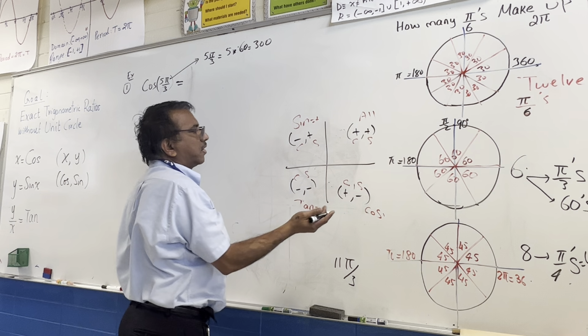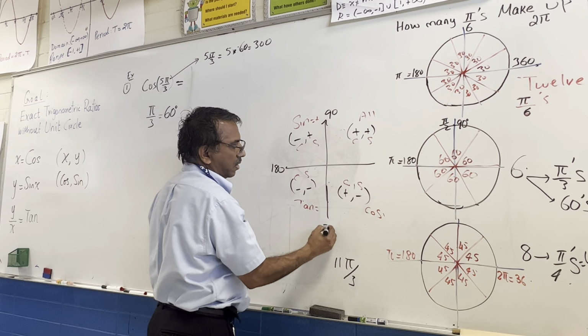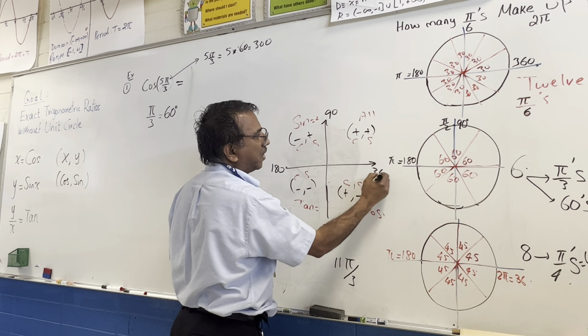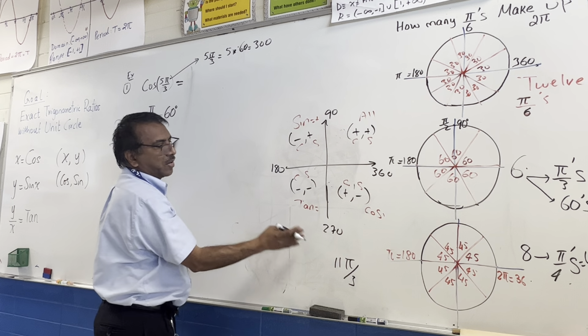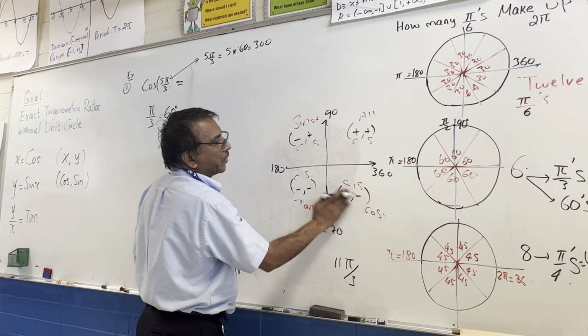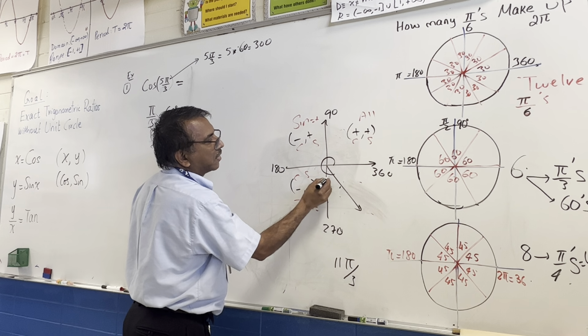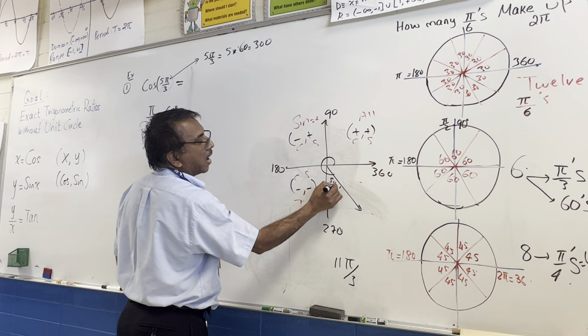And you can clearly see 300 is between the 270 mark and the 360 mark. This is the 180 landmark, this is the 90 mark, this is the 270 mark, and this is 360. So the angle goes this way, right? So that's 5 pi by 3.